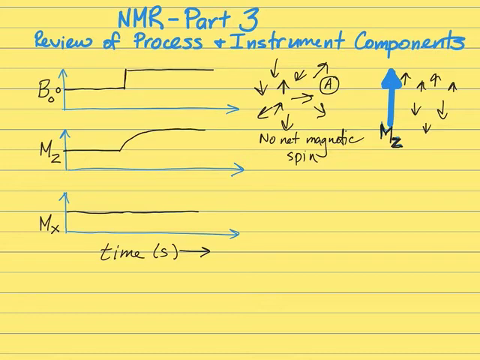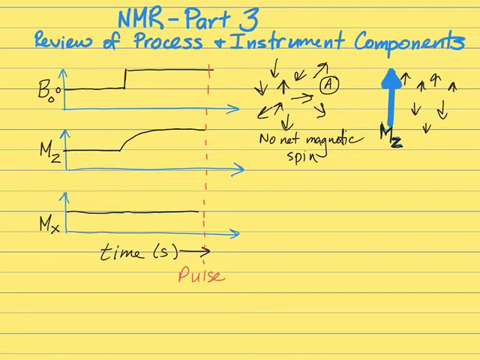That is the point when we are going to apply our pulse of electromagnetic radiation. And this pulse of electromagnetic radiation is what causes m sub z, the net magnetic component of your sample, to flip into the x-axis.